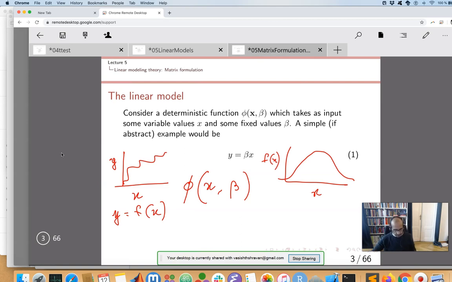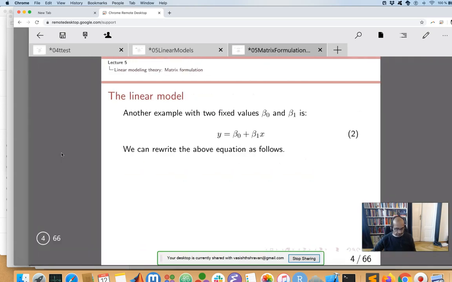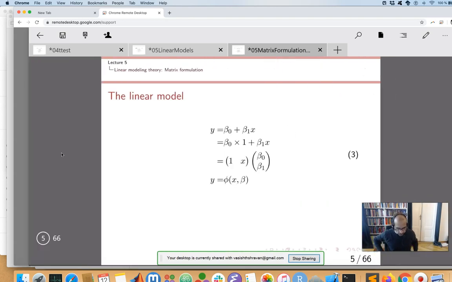This is what functions are like. So I'm thinking of a deterministic function phi which takes as input x and beta and gives you back some predicted value for y. In the linear model setting, we're giving beta 0, beta 1 and x as an input into the function, and it gives us a predicted value for y.